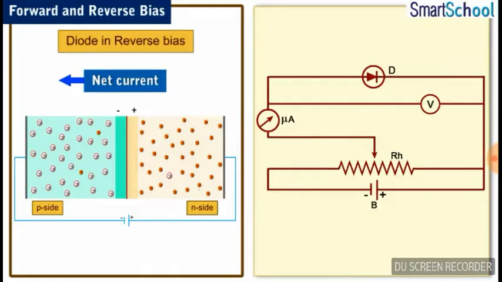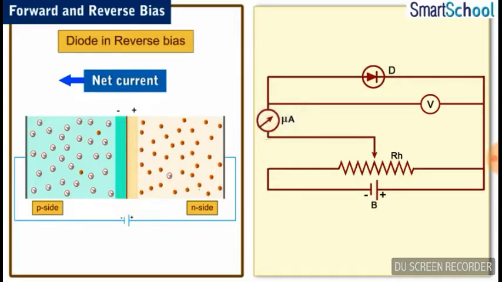The net current flowing through a reverse biased diode is of the order of a few microamperes and can be measured using the circuit shown here. In the circuit diagram, the current in the circuit is measured using a microammeter.